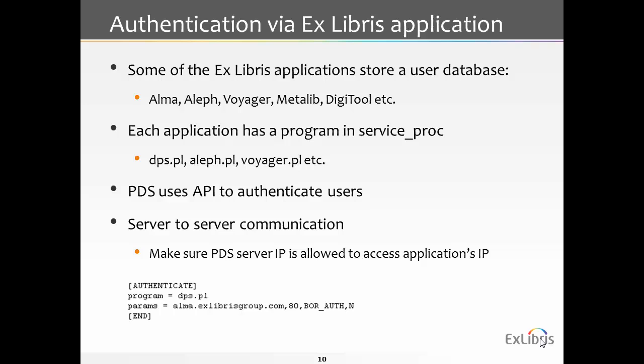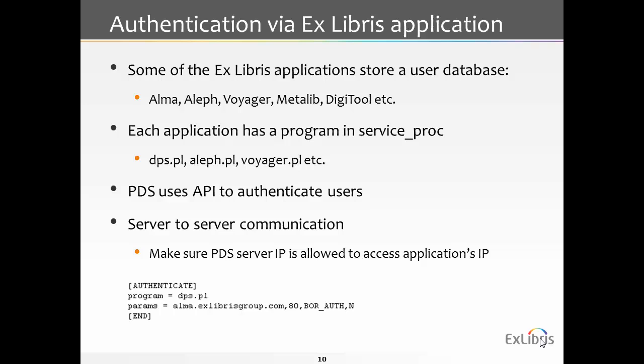For instance, Alma uses the DPSPL program. The DPSPL program knows to build the required API for requesting authentication from Alma. And then when PDS is using DPSPL with the correct Alma attributes, PDS knows to send Alma the API and then retrieve back the user information.